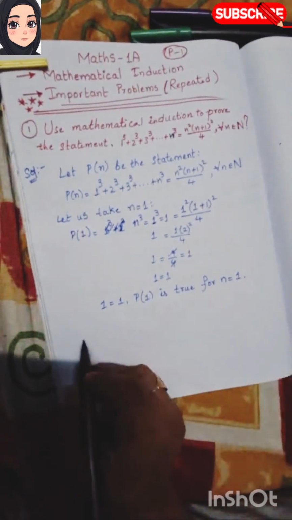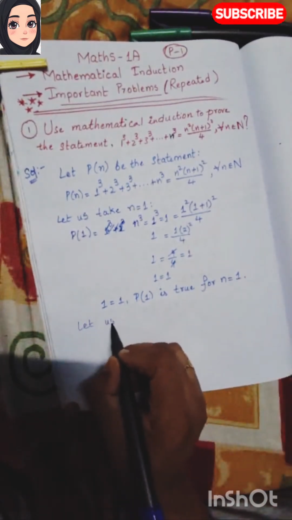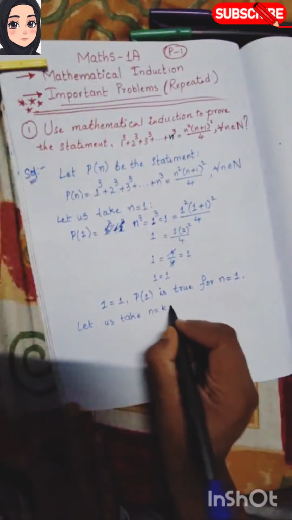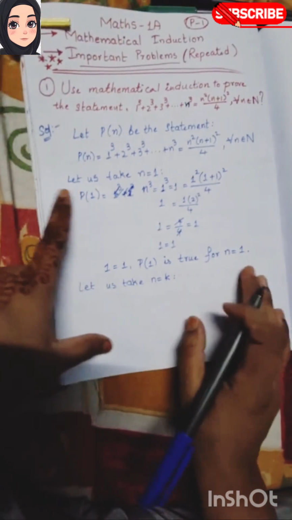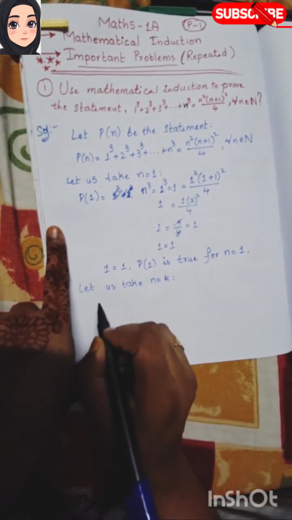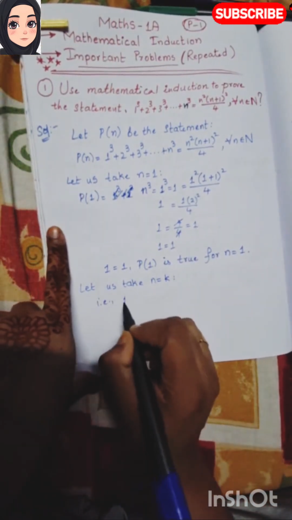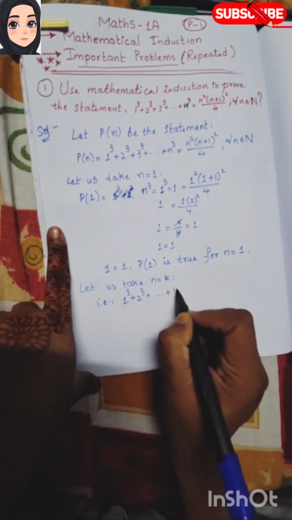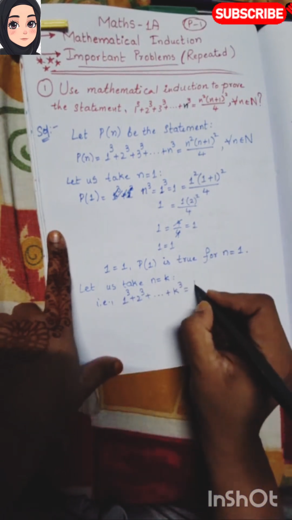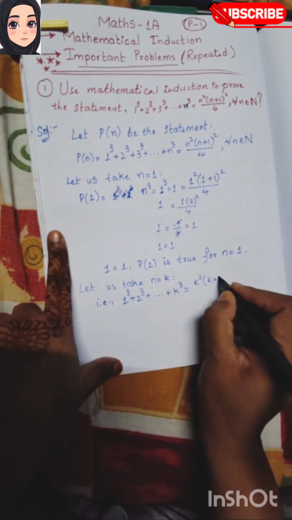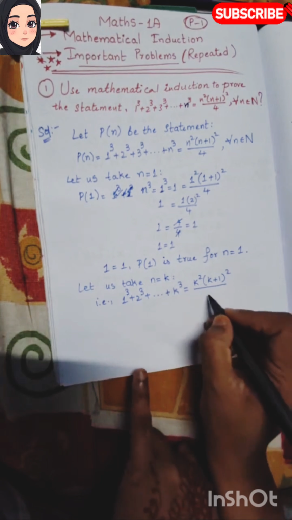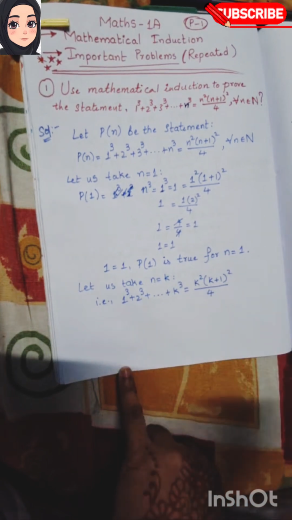Okay, now let us take n equal to k. In the next step we take n equal to k. Now p of k, that is 1 cube plus 2 cube plus so on plus k cube, is equal to k square into (k plus 1) whole square by 4. In place of n I have written k, and the denominator 4 stays as it is.